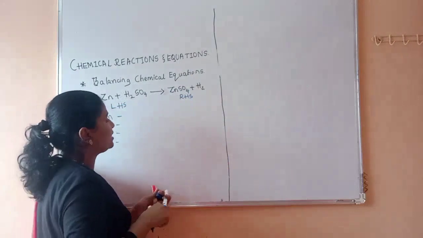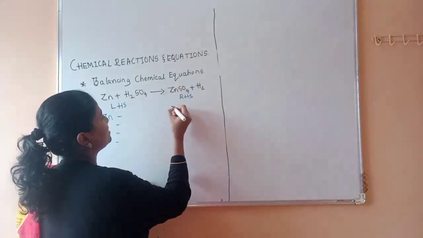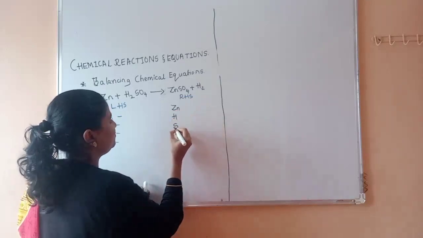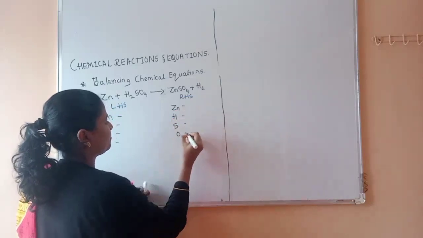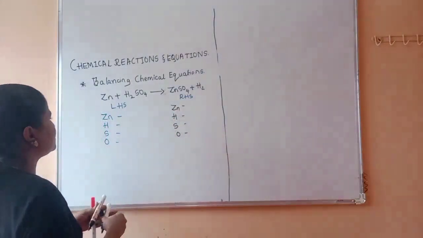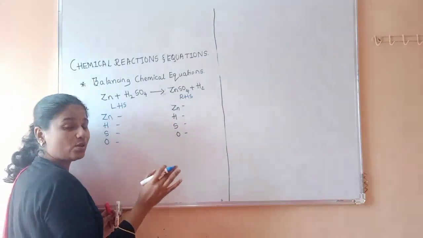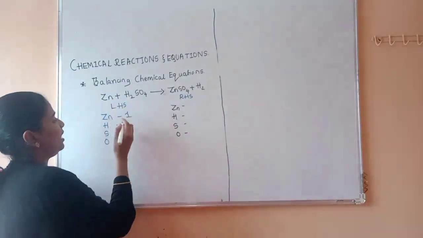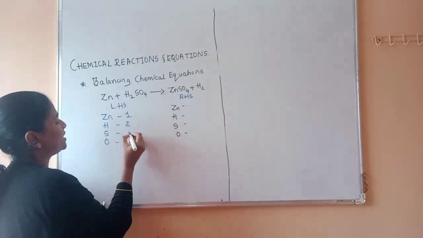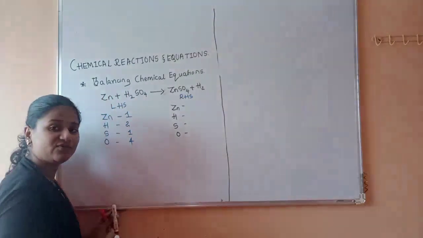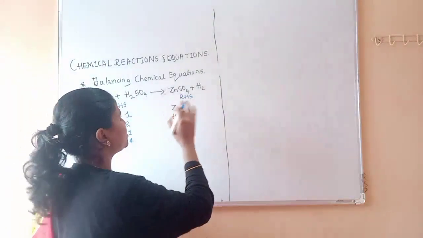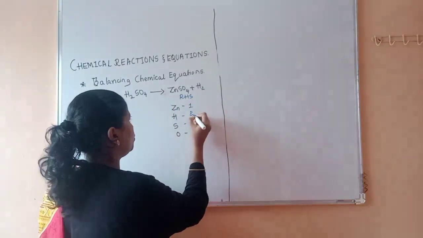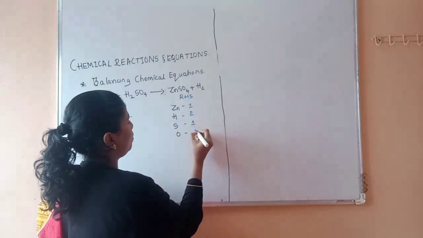In the same way, on the RHS, the product side, we have zinc, hydrogen, sulfur and oxygen. The number of atoms on LHS: zinc is 1, hydrogen is 2, sulfur is 1, oxygen is 4. On the right hand side, zinc is 1, hydrogen is 2, sulfur is 1, oxygen is 4.